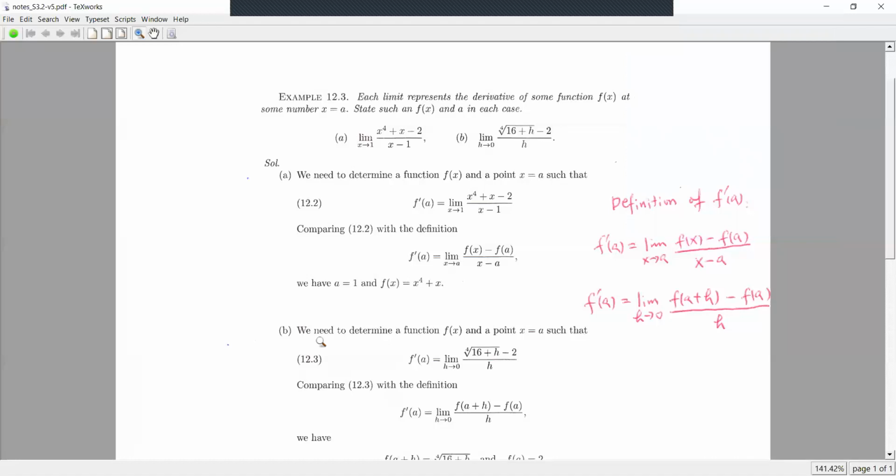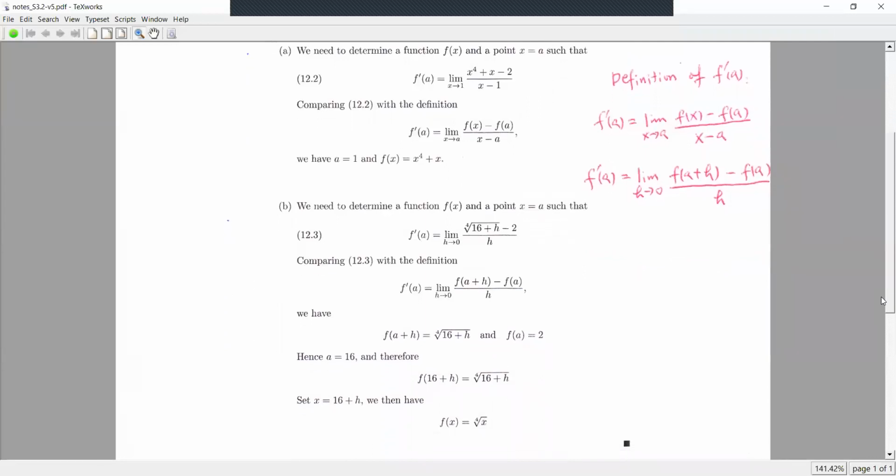Solution to part B. We need to determine a function f and a point a such that the derivative of the function at the point a is this limit. To find the function f at the point a, this time I compare this limit with the second formula here. By comparing this equation and this equation, I can see that f of a is 2.